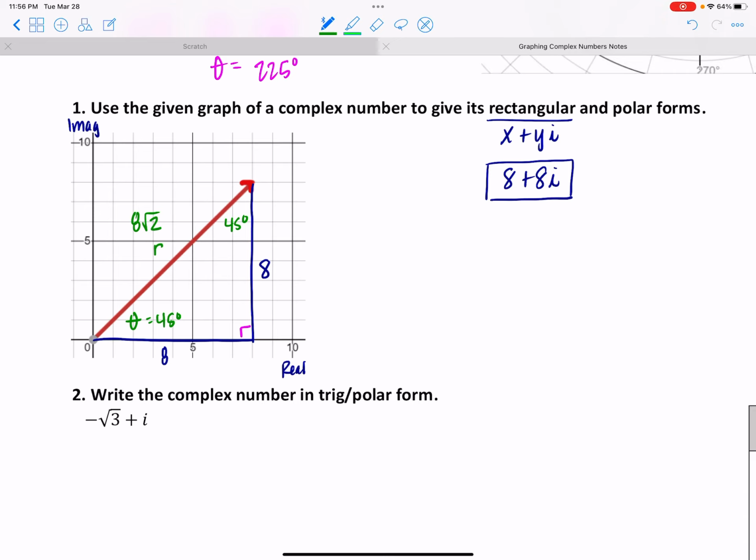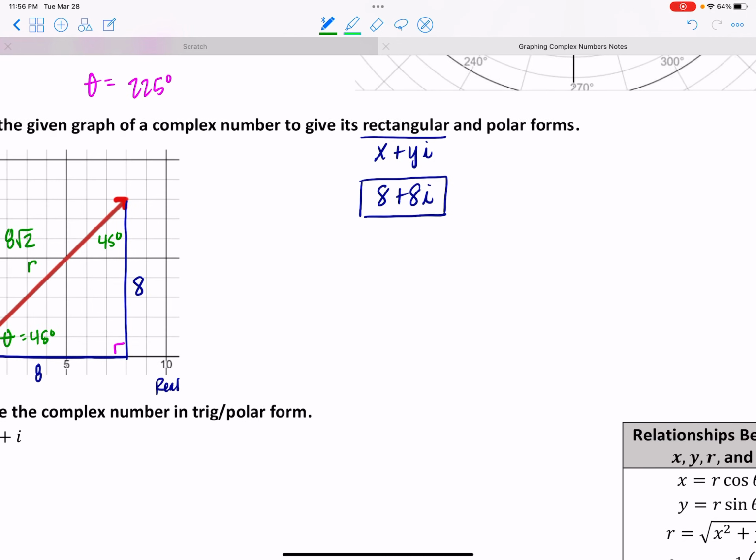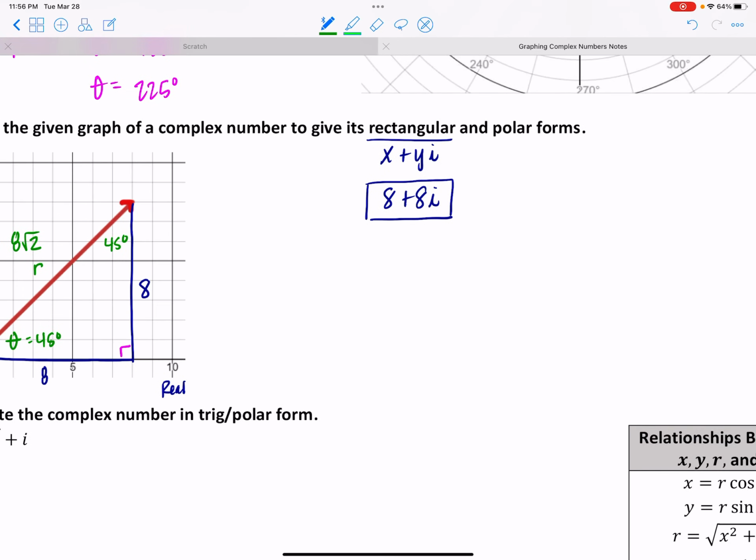So I have enough information without really having to do any work to get that polar form. I know my polar form is r, and then cosine of theta plus i sine of theta. I just found r was going to be 8 radical 2, and then I found theta was 45 degrees, and so that would be my polar form.